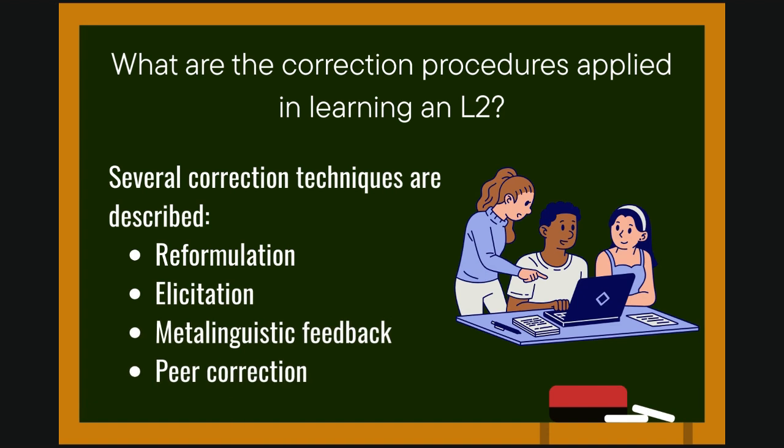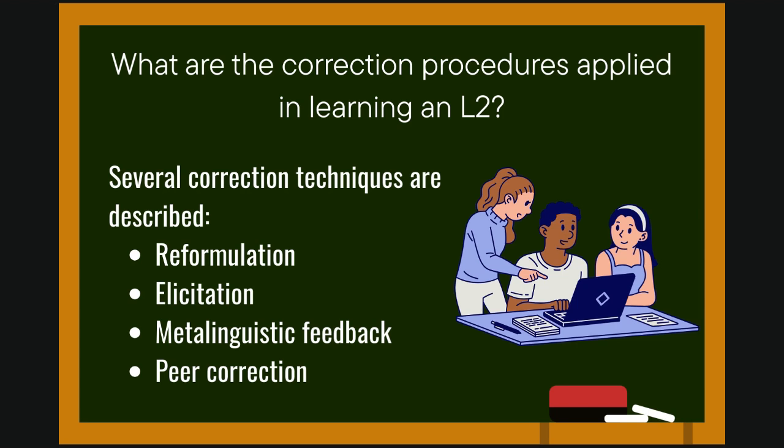What are the correction procedures applied in learning an L2? Well, several correction techniques are described, like reformulation, elicitation, metalinguistic feedback, and peer correction. What does this mean? Well, reformulation is when the teacher reformulates the error without overtly pointing it out. Elicitation is prompting the learner to self-correct.